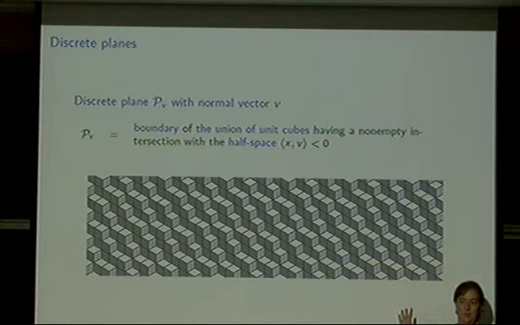Is it okay for everybody? So the formal definition is to say that it is the boundary of the union of unit cubes which have a non-empty intersection with the lower half space, the half space which is below the plane. Is it okay? So this is a discrete plane.